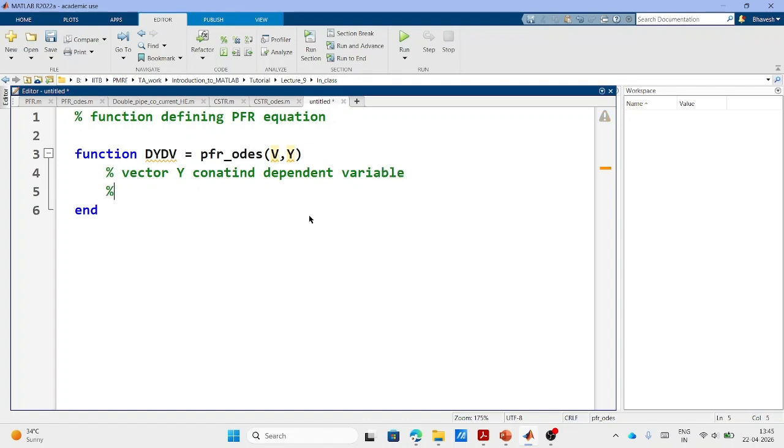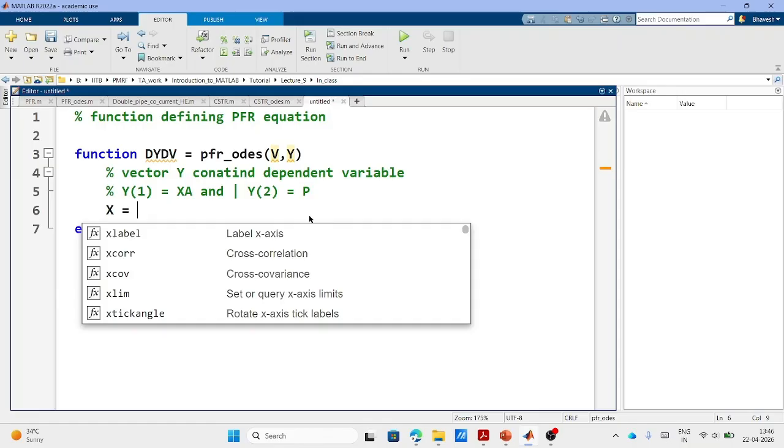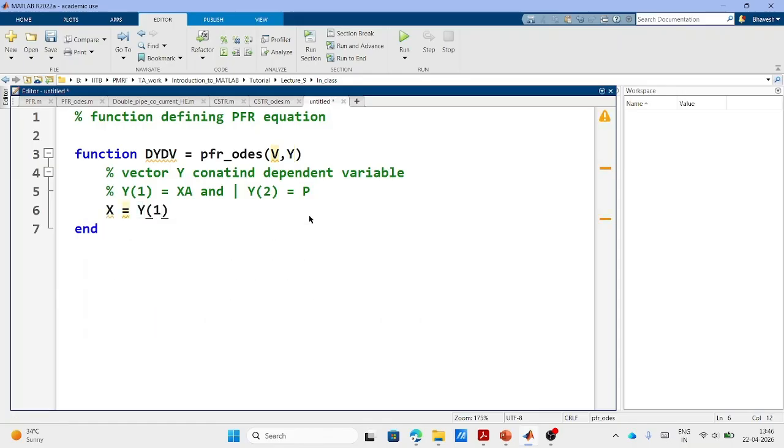So I will say that y comma 1 is my conversion xa, and the second element of my vector y is my pressure. Right, just two pieces of information I'm putting. Okay, so while you are running the code, we will call it. So we will take out the information from vector y and update this information.